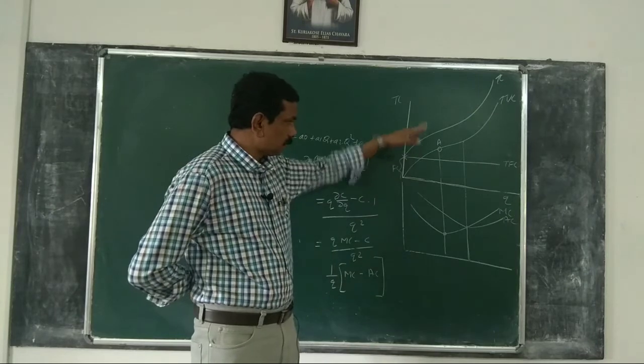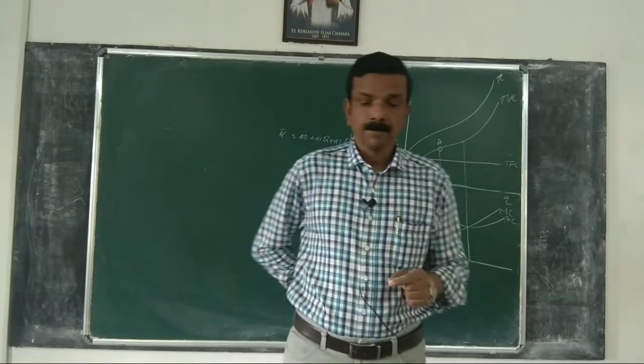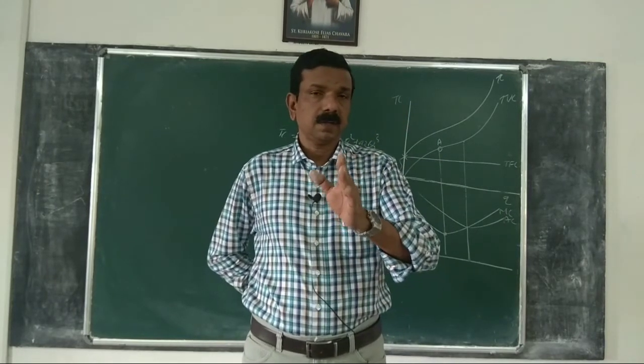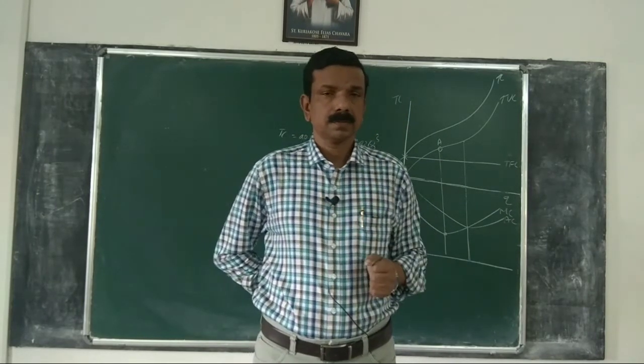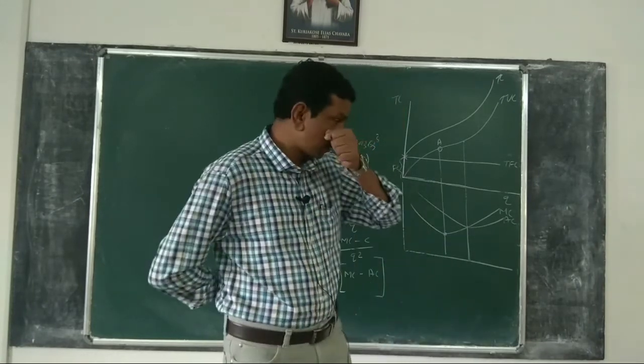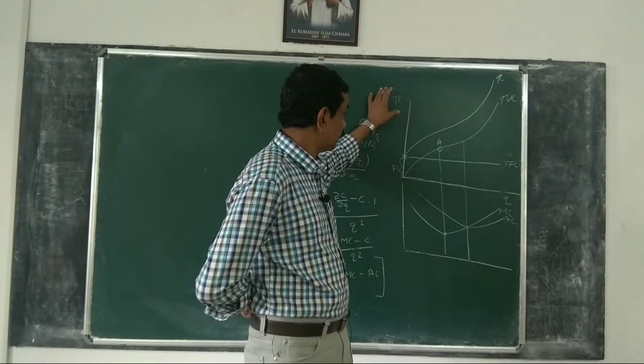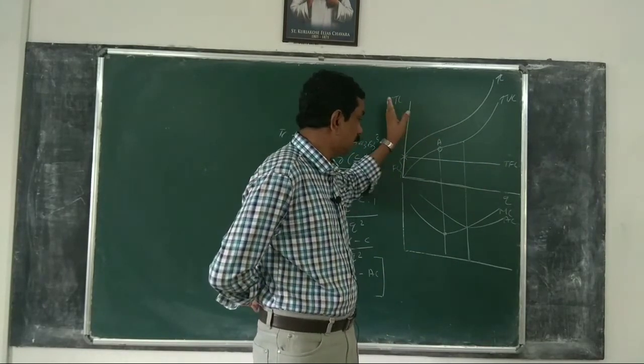So this is the cost function. Remember, this cost function is a function of output and factor prices. When we draw the cost functions, we assume that factor prices are constant, and we specify the relationship between quantity and cost.